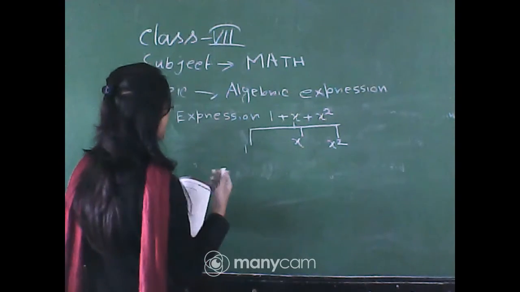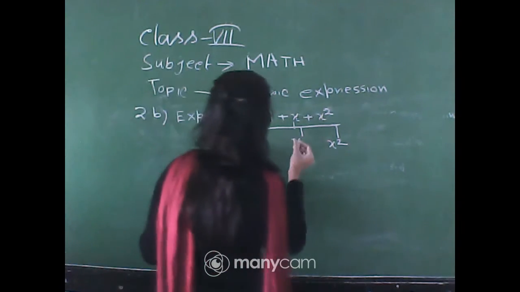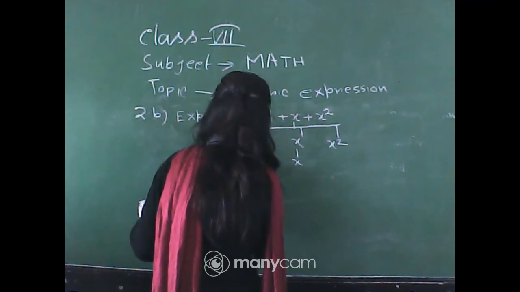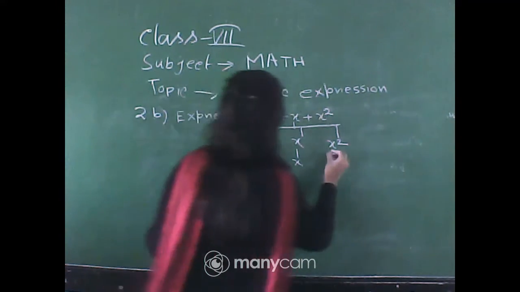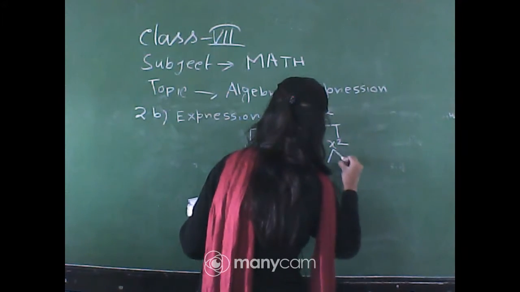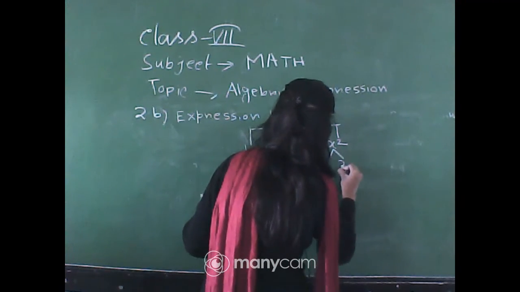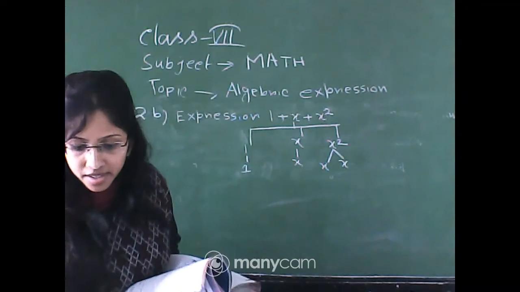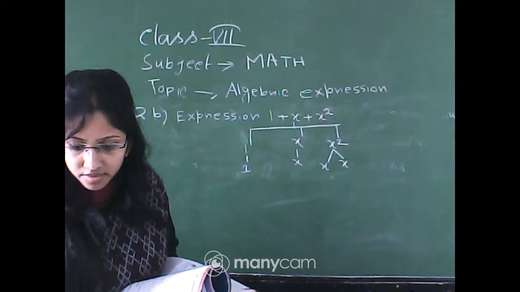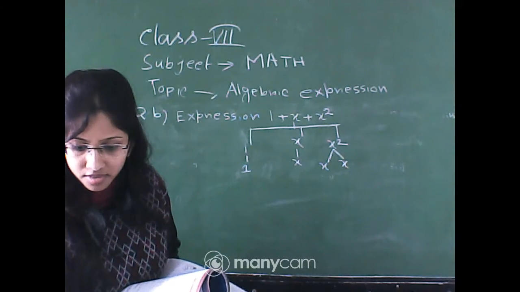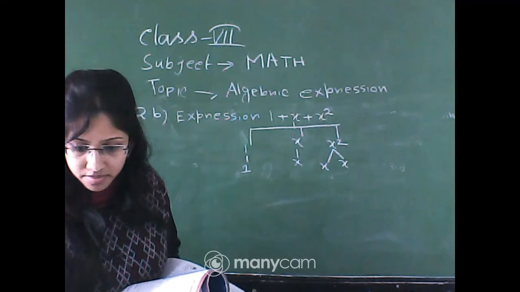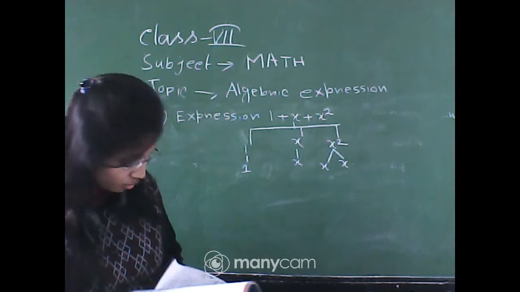Factor of 1 is 1 itself, factor of x is x itself, and factors of x square are x and x. Okay, understand?